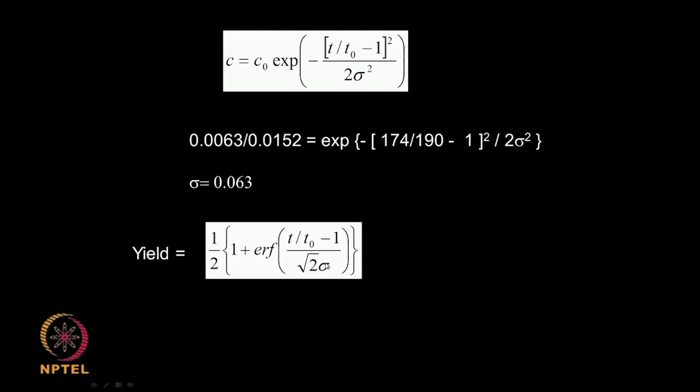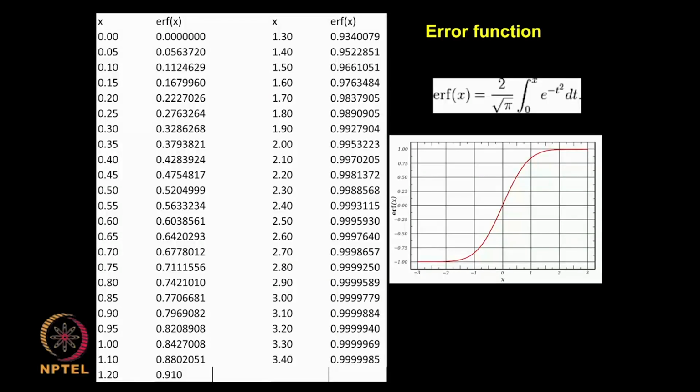Now, let us substitute the terms, T naught as 190, T as 200, sigma as 0.063. When I do that, I will get error function of 200 by 190 minus 1 divided by square root of 2 sigma, that is 2 times 0.063. So, I get some number. I need to determine what is the error function. Like I said, if I know x, I can calculate error of x. This table is very useful.